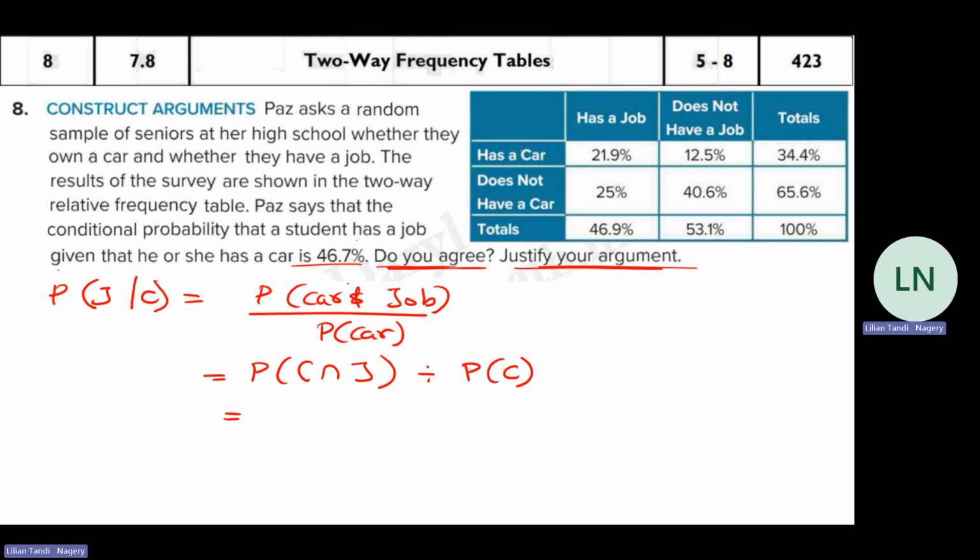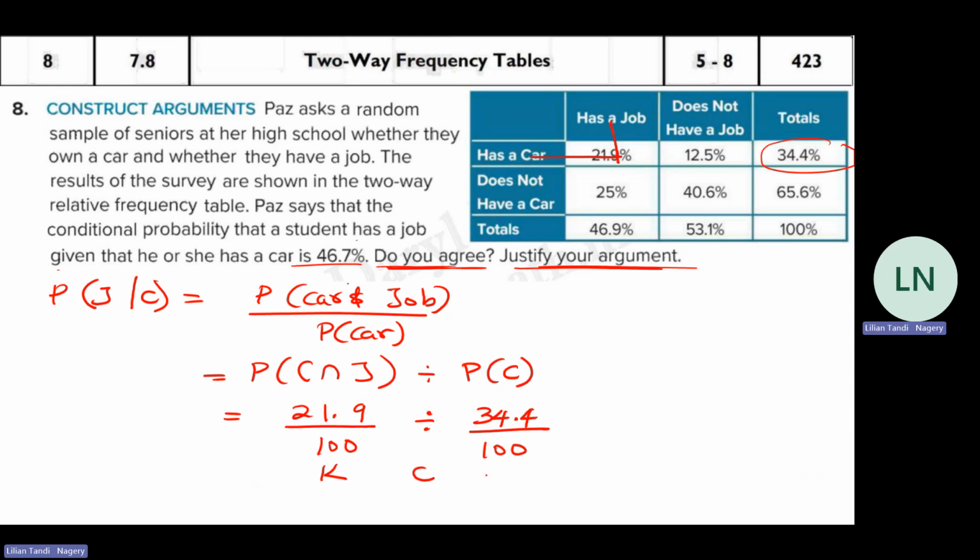Probability of car and job is 21.9%. So 21.9 over 100, and you're dividing by probability of a car, which is 34.4 over 100.